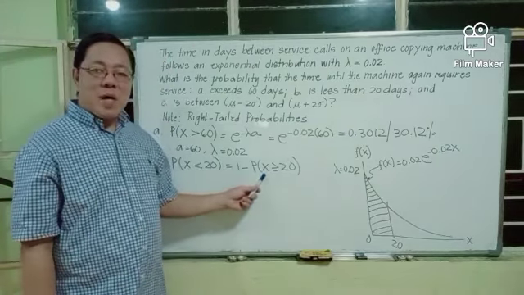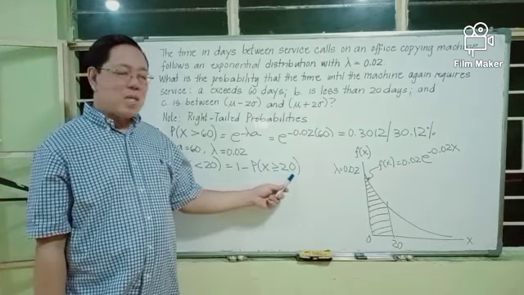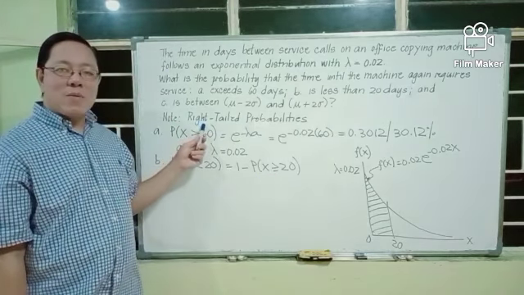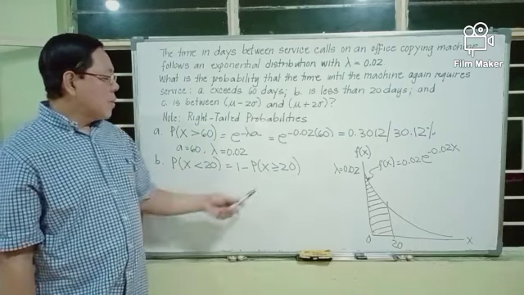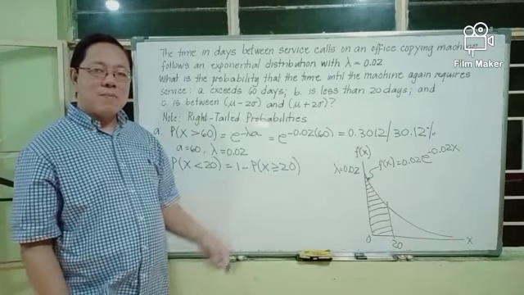And to find the probability that x is greater than or equal to 20, we'll apply this right tail probability where A is 20.